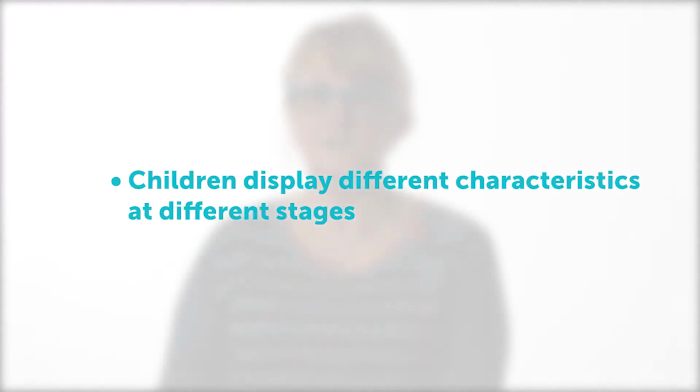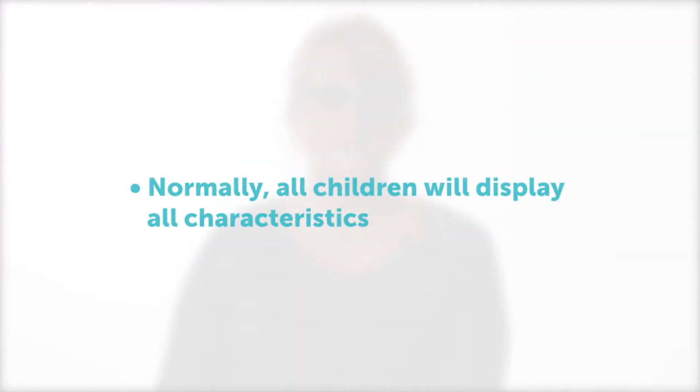The same child can develop different characteristics at different times, manifest one more than another, be less able at one than the other, but they all link together and eventually all children will show you all of them.